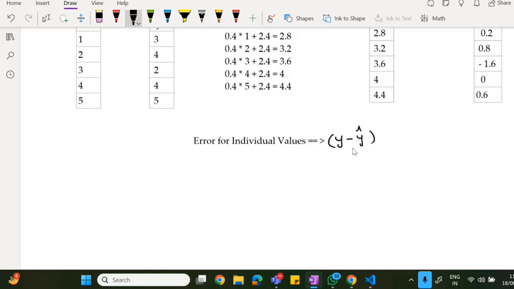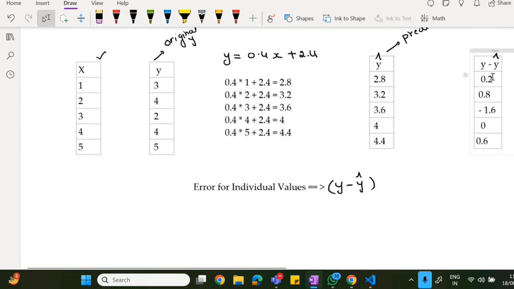Okay. Now, I want to get the total error, guys. Total error means add them. Simple. That is, total error is you have to add it.